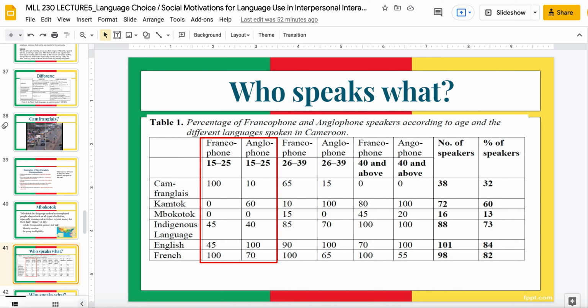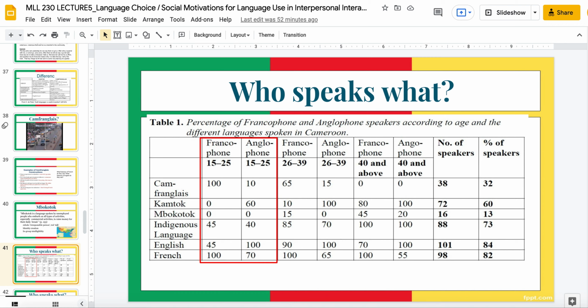So again, who speaks what? And remember what I said about the youth, okay? So they did a study in which they looked at the francophones, the people who speak French, versus the people who speak English, and then they ranged it by age group. So you can see here that 100% of the francophone group speaks Franglais, right?